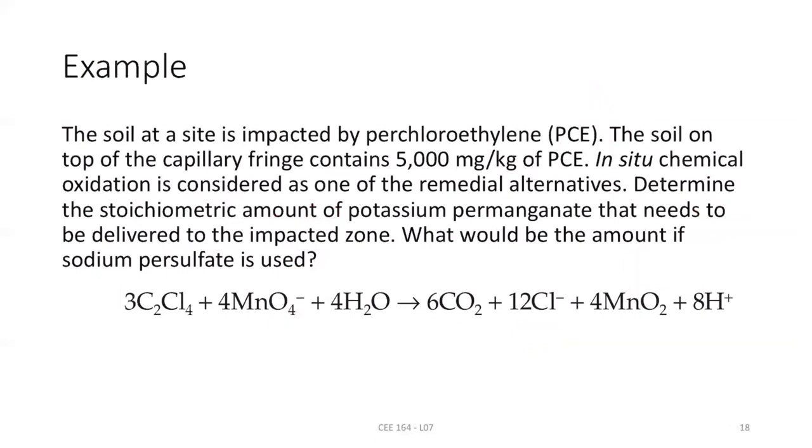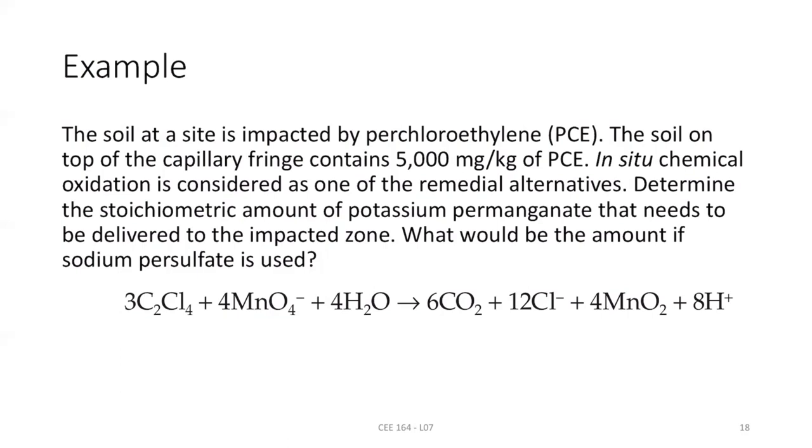We already solved this one in homework 1 question, so I'm just going to explain what it is. The soil at a site is impacted by perchloroethylene, PCE. And the soil on top of the capillary fringe contains 5,000 milligram per kilogram of PCE.